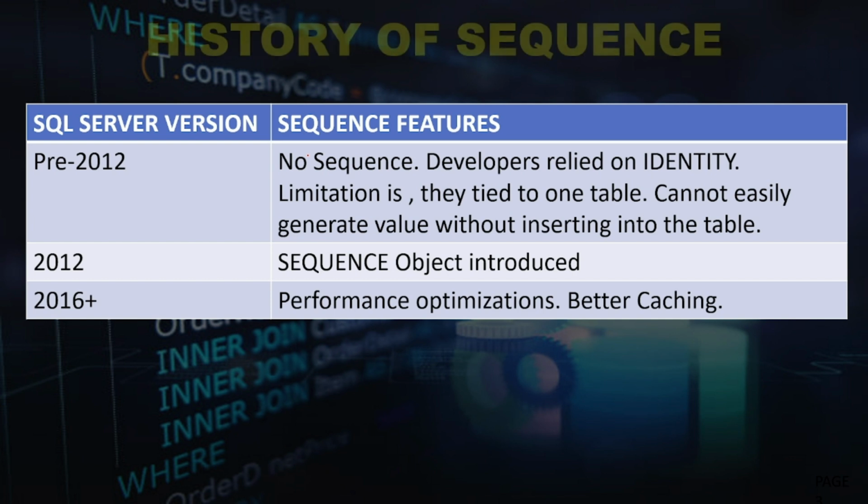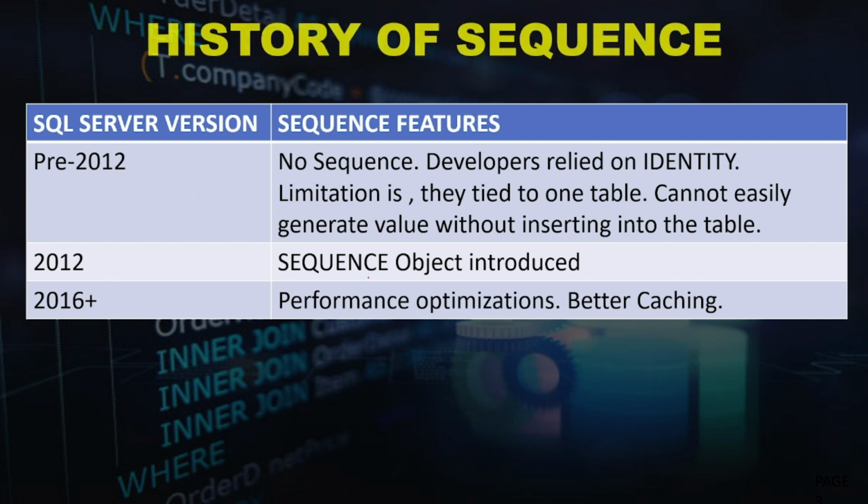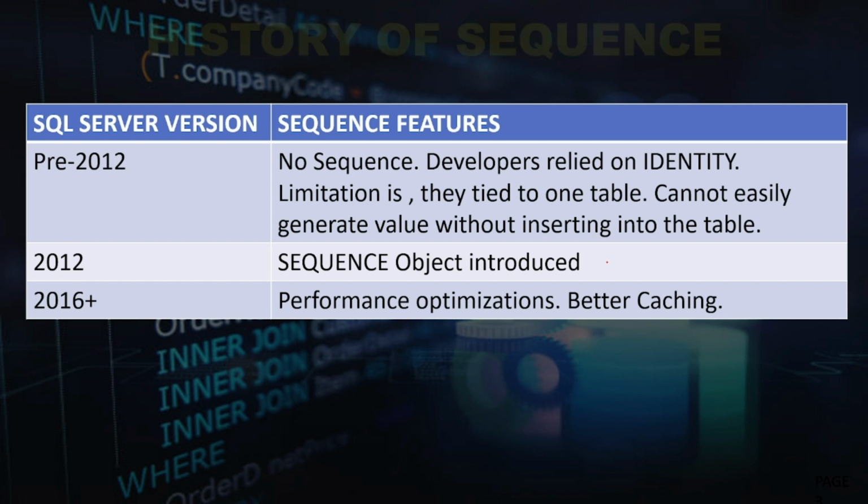For example, if you have created an identity column for an employee table, for employee ID, it will be tied to that table only. You cannot use it in the department table or somewhere else. Make sense? In the 2012 version of SQL Server, sequence evolved. And now you can actually create a global sequence value, which can be used among tables, views, and other database objects.